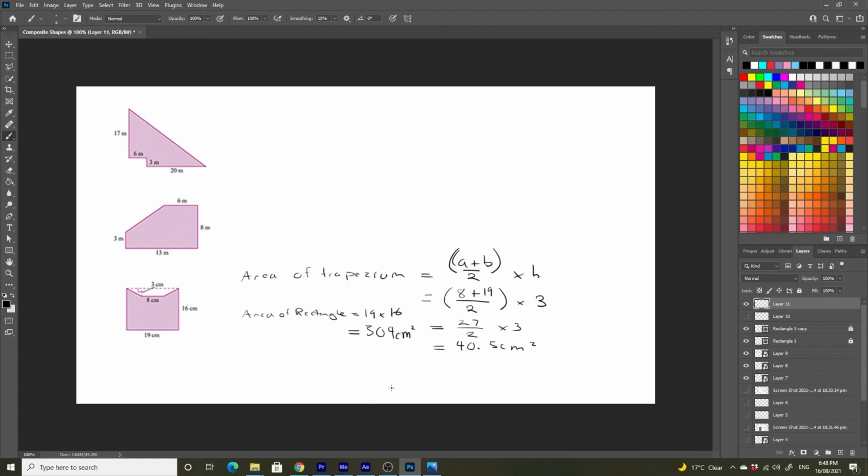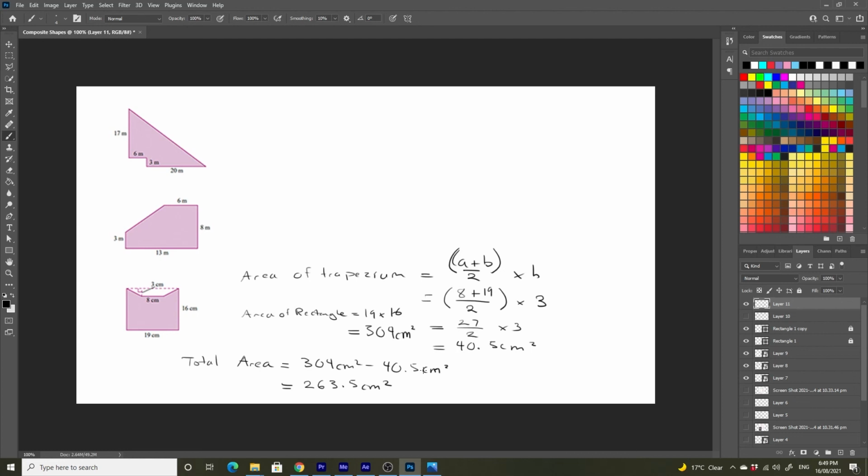So with that 304 centimeters squared, the total area of this composite shape is going to be equal to 304 centimeters squared minus 40.5 centimeters squared, which is equal to 263.5 centimeters squared.